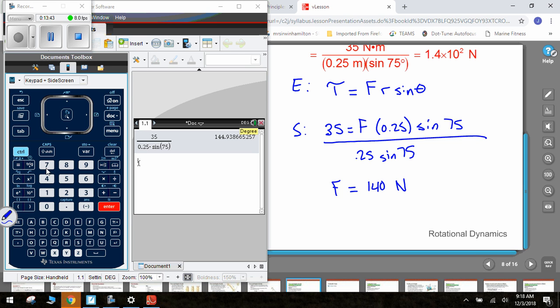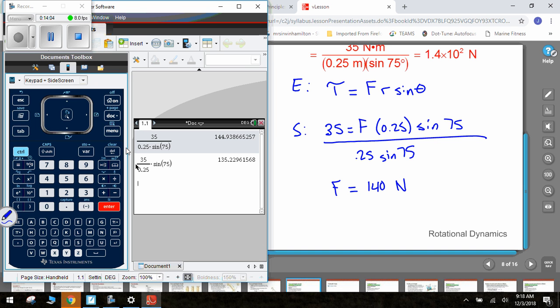Okay? This is the common mistake I'll see in the calculator. Someone will do 35 divided by 0.25 trig sine 75. It looks not too bad, right? But you got to remember, your calculator is dumb.